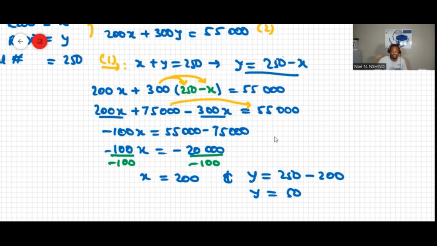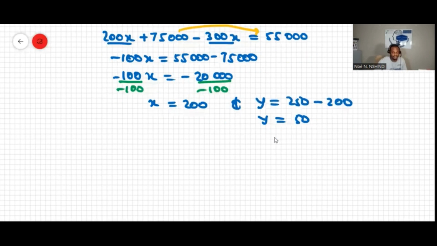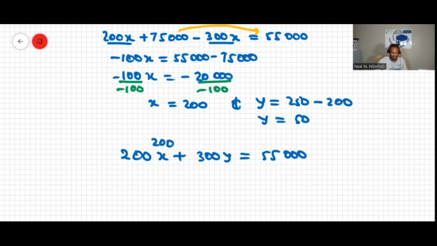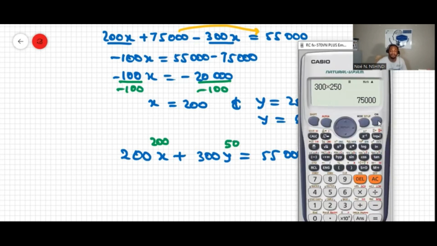We can double check the solution. Because we say 200x plus 300y were equal to 55,000, we can check if we substitute the values. If I substitute x for 200 and then y for 50 there, and then check if we're going to get 55,000.